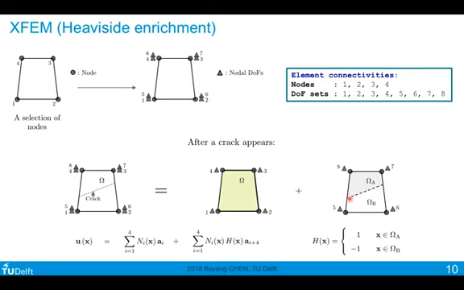So basically, whenever a crack appears, you are physically creating 4 additional nodes, in fact. And you need these 4 additional degrees of freedom together with this continuous interpolation function to represent the jump of the solution across this crack surface.